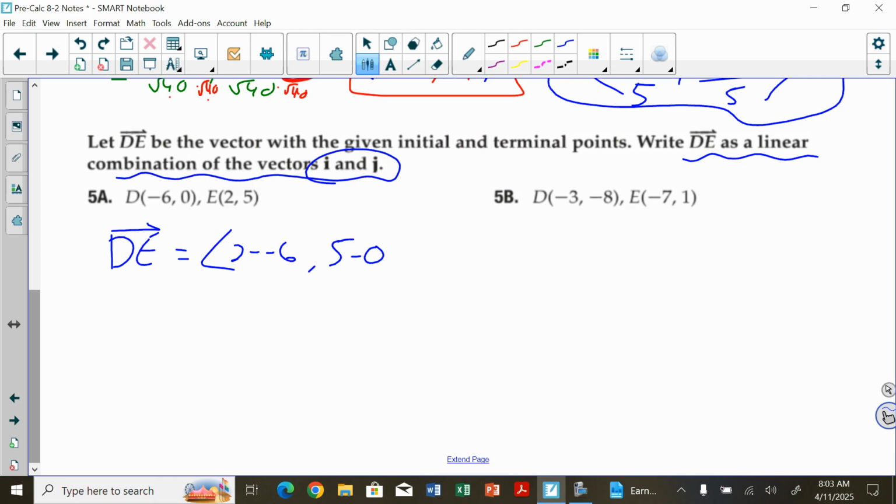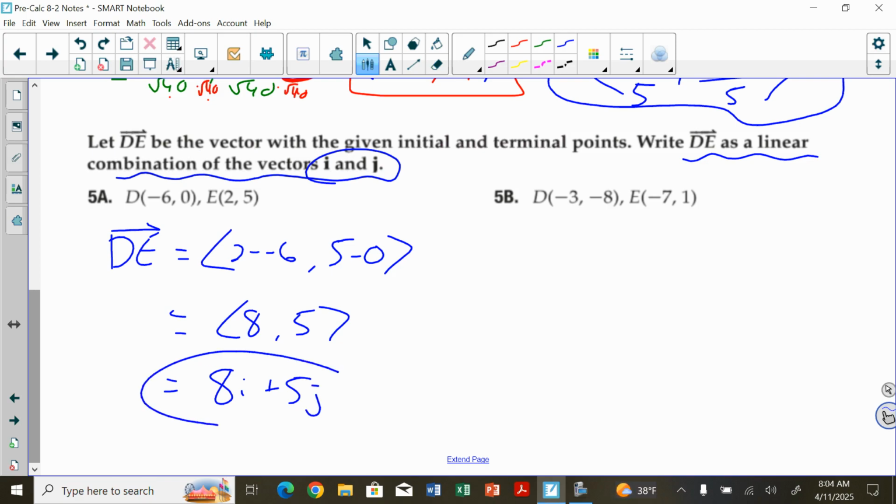Remember, it's just x minus x, y minus y. So that would equal 8 comma 5. And then I just kind of have to take the a value and the b value and multiply them by i. So it's really just 8 times i and the b value times j. And that's it. Right? We're using i and j.